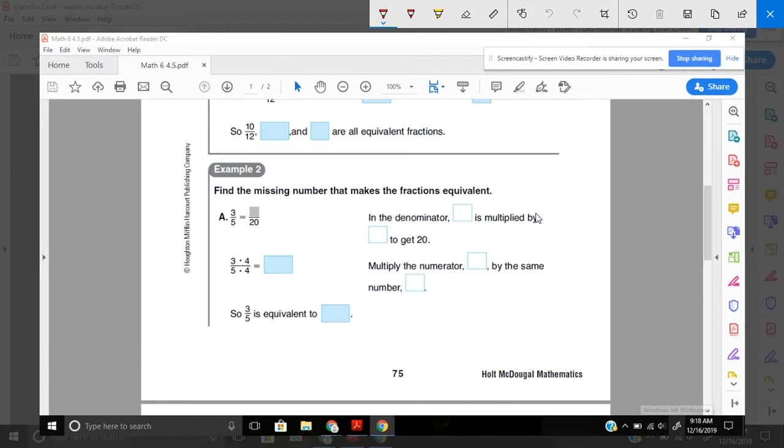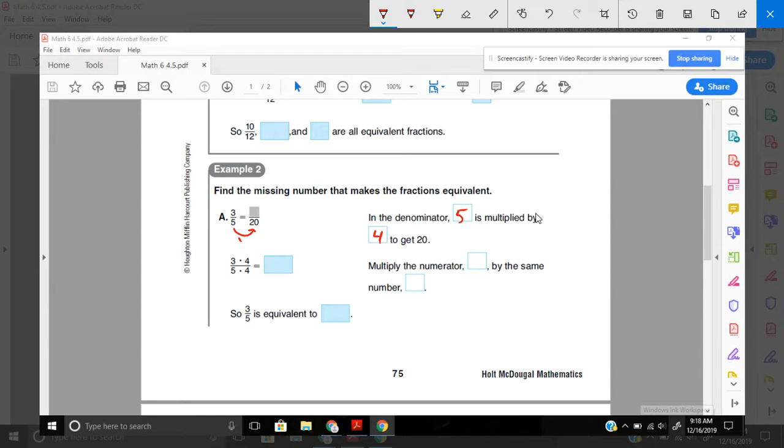So I have 3 to 5 is equivalent to something over 20. And the question I'm going to ask myself is, how did I get from one to the other? Okay, so in the denominator, 5 is multiplied by what to get 20? Well, that would be 4 to get 20.